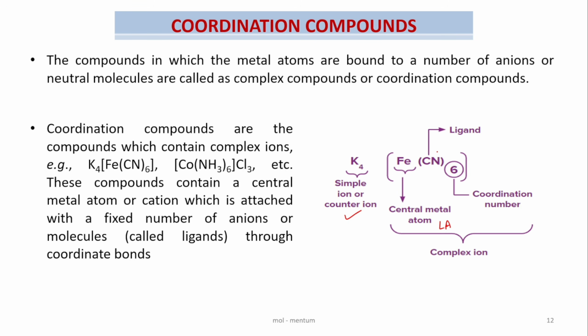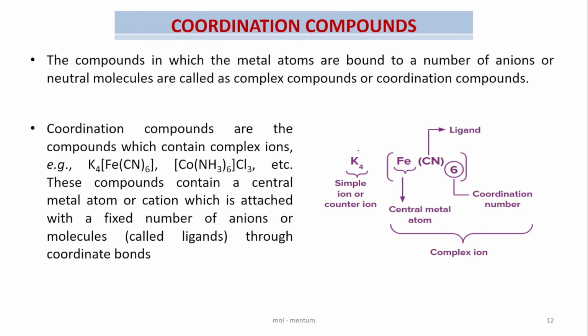Ligands can be one, two, three or more; different types of ligands are possible in a single coordination compound. So these are ligands, Lewis bases. Then whatever number is written along with that ligand is called the coordination number. And this entire part, whatever is present inside this bracket, is called the coordination complex or the complex ion.